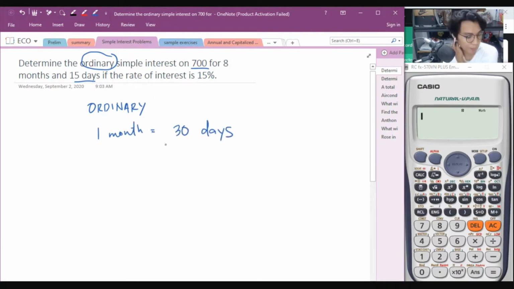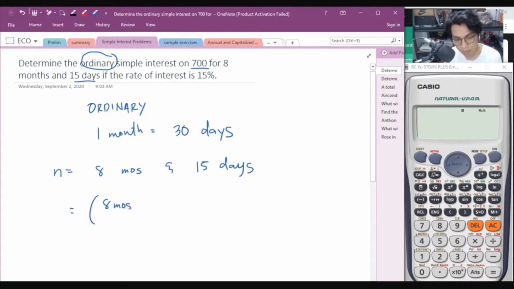So, what is given is N equal to 8 months and 15 days. You have 8 months, right? You multiply this with 30 days in a month, plus 15 days.